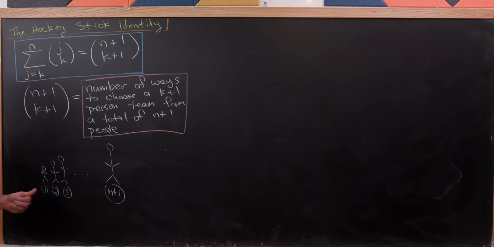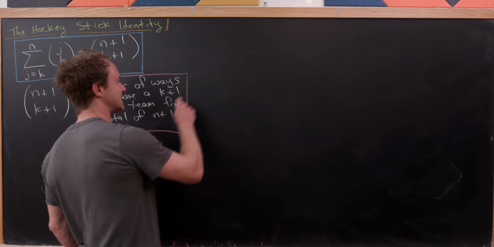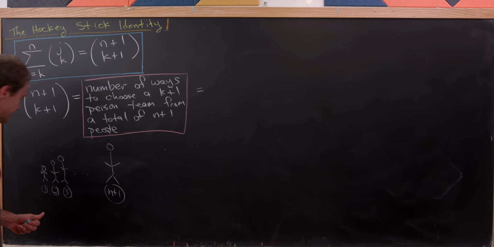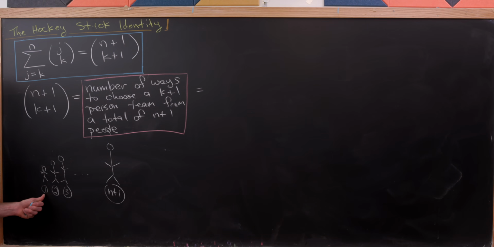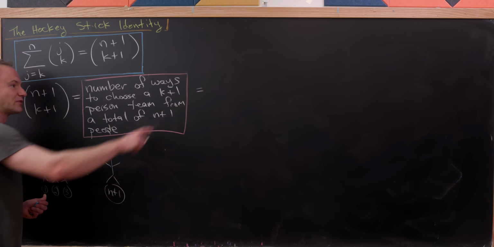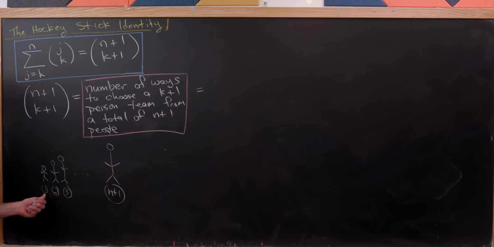Okay, so now what I'd like to do is count the number of ways we can build this team another way based off of the tallest person on the team. So let's observe that it's impossible for person 1 to be the tallest. There's no way we would have a k plus 1 person team if this person is tallest. There aren't enough people to add to the left here.